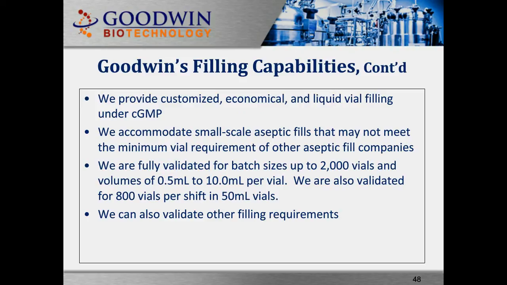Goodwin accommodates small-scale aseptic fills that may not meet the minimum vial requirement of other aseptic fill companies. We are fully validated for batch sizes up to 2000 vials and volumes of 0.5 ml to 10 ml per vial. We are also validated for 800 vials per batch in 50 ml vials. We can also validate other filling requirements.